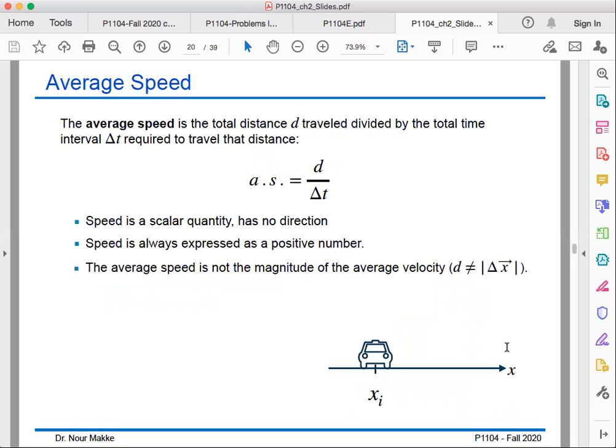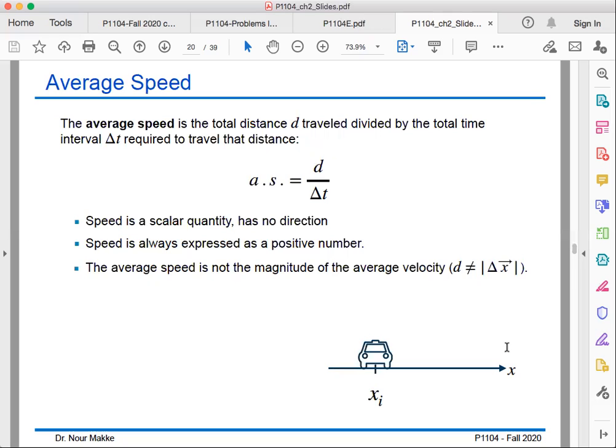Now we have another variable, or another mathematical object to use, which is the average speed. What is the average speed? The average speed is the total distance traveled by a given object divided by the total time interval required to travel that distance.